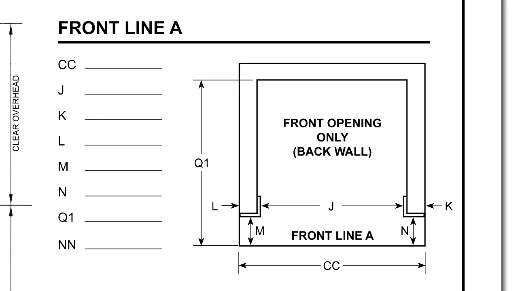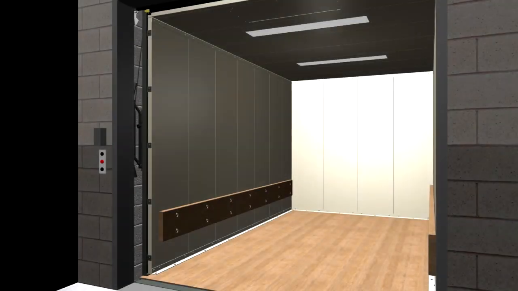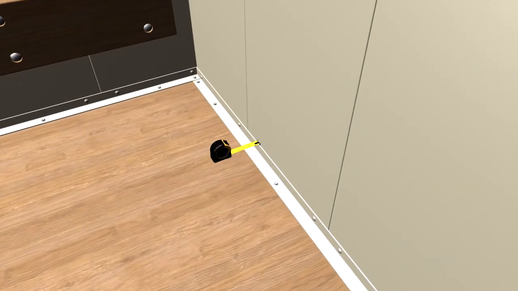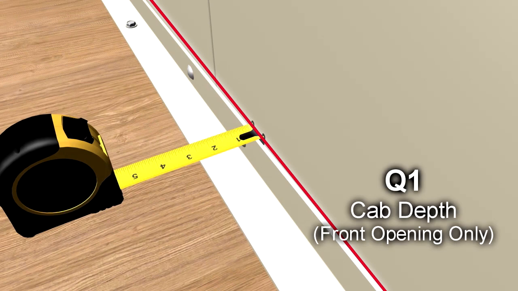Car depth, dimension Q1. This dimension is for front openings only. If your elevator has a rear opening, then skip this measurement. Measure the distance from the back car wall to the front of the platform.